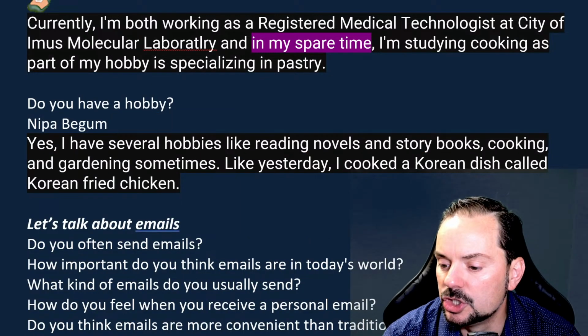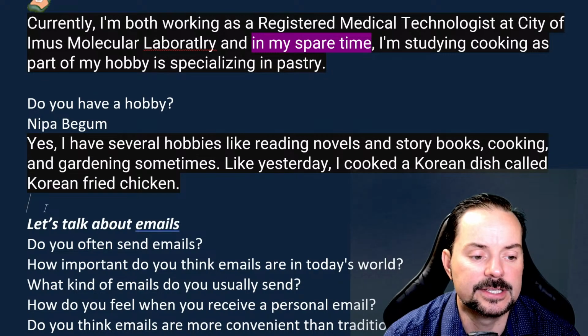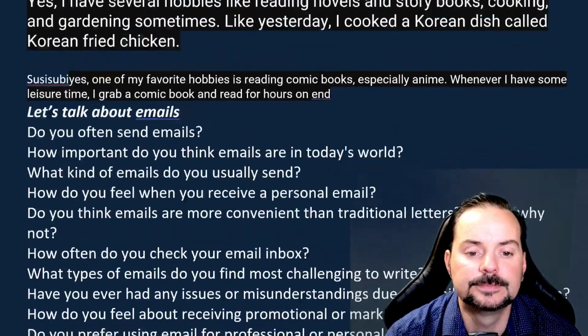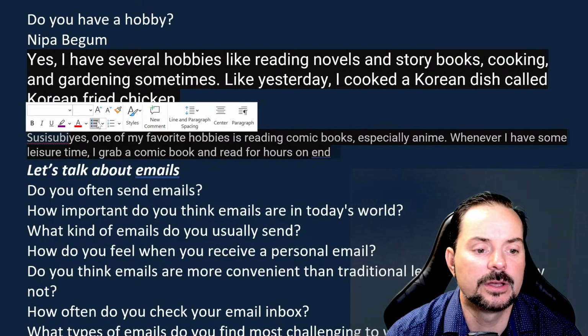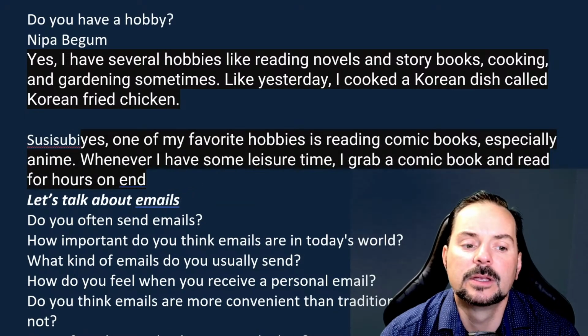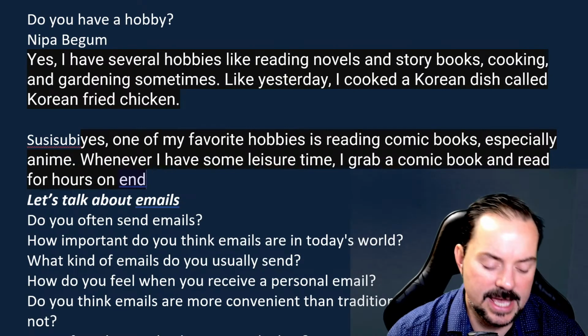Shushishubi says, yes, one of my favorite hobbies is reading comic books, especially anime. Whenever I have some leisure time, I grab a comic book and read for hours on end.